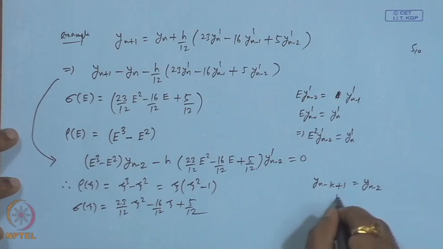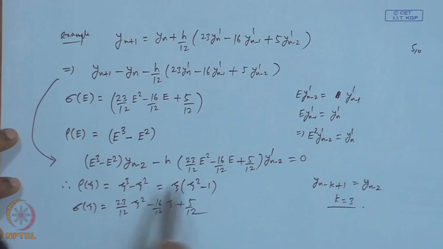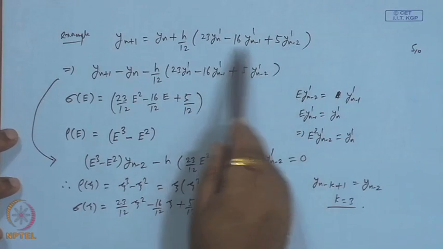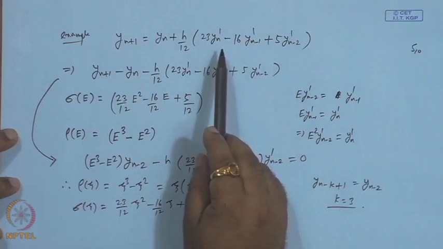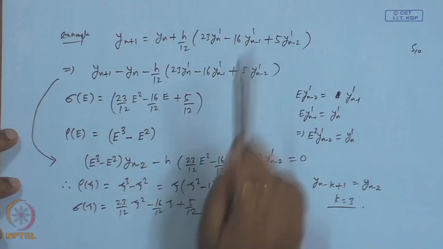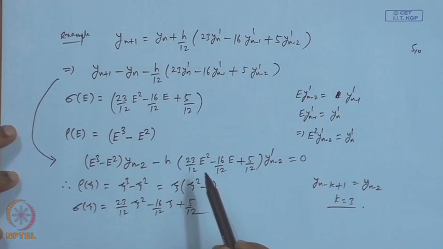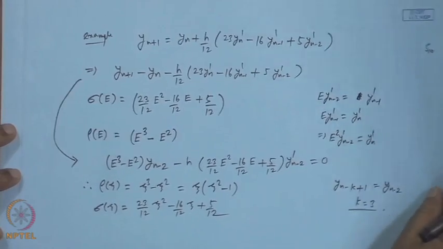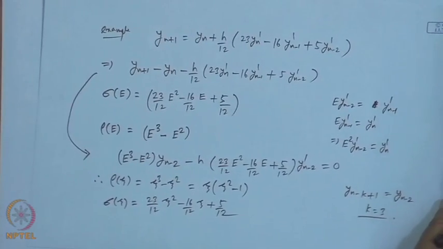So, therefore, that means this is a linear 3-step method. Okay. 1, 2, 3. It is asking to pass data at 3 grid points, 1, 2, 3. Okay. Right. So, now let us go back to our root condition.